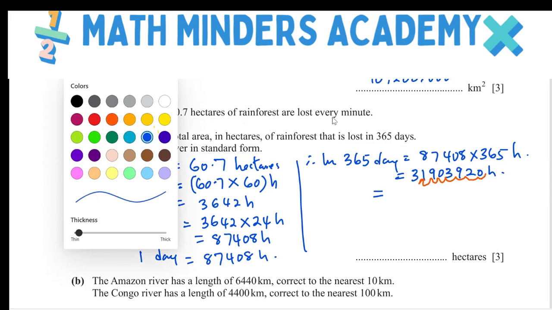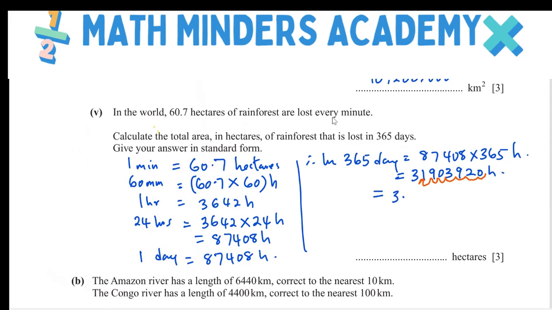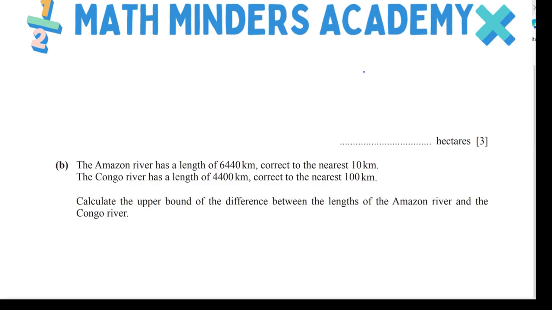So this becomes 3.190392 and so on, times 10 raised to power 7, which to 3 significant figures becomes 3.19 times 10 raised to power 7. So this is our final answer. Okay, so we proceed.